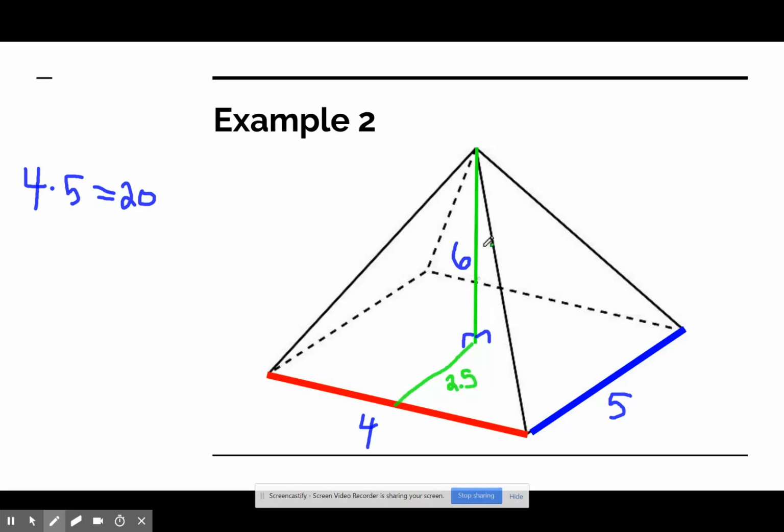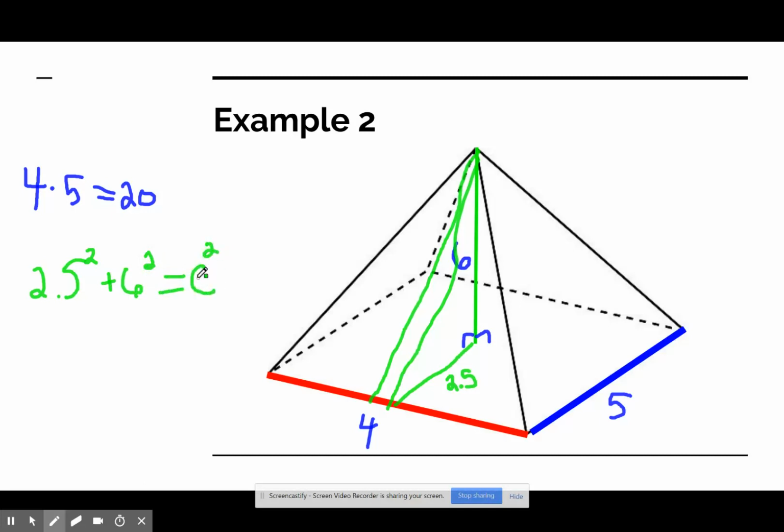So we have both legs, but we need the hypotenuse coming down. And I hope my triangle is not as confusing as it looks. So we do 2.5 squared plus 6 squared equals c squared, which is what we're trying to get as our height.